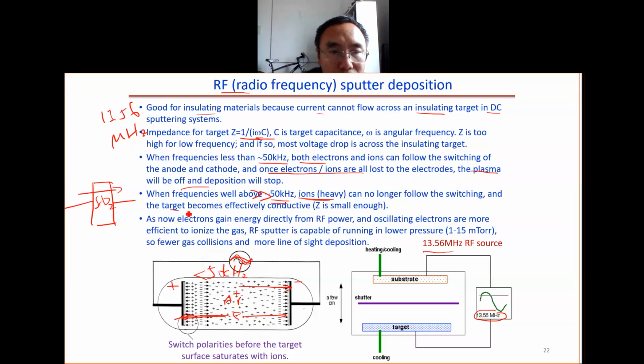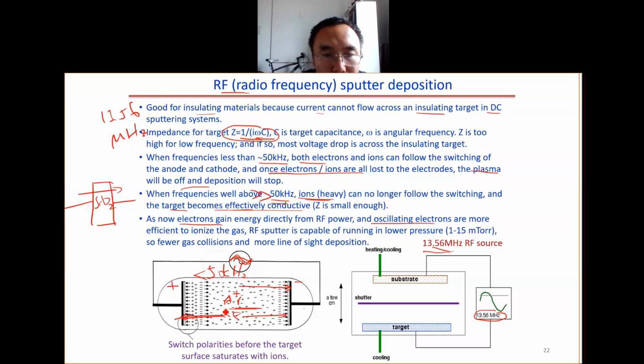And the target also becomes conductive because this term will be small at this high frequency, so the target becomes effectively conductive. Now the electrons gain energy from RF power, and we have oscillating electrons.